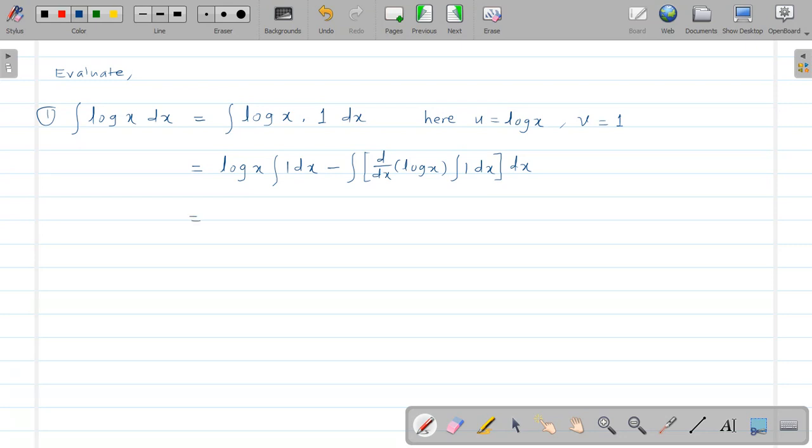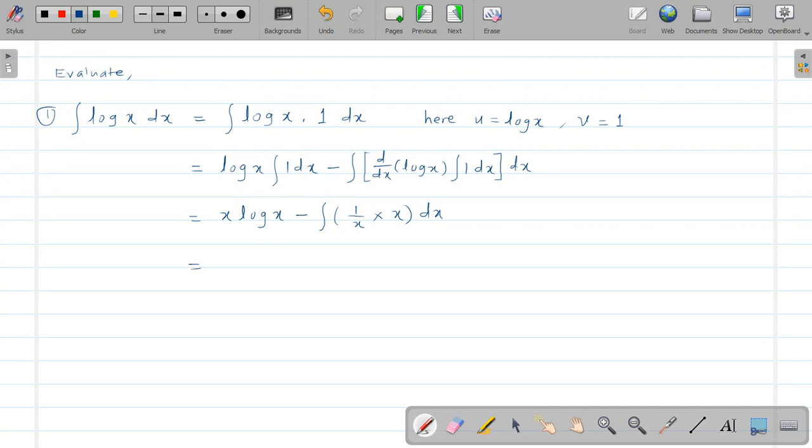Now see here, integration of 1 is x, so we can write this as x into log x minus integration. Now in this bracket there is the derivative of log x, that is 1 upon x, into integration of 1, which is x, and we have to evaluate the integration of that total part, that is integration of 1 upon x into x.